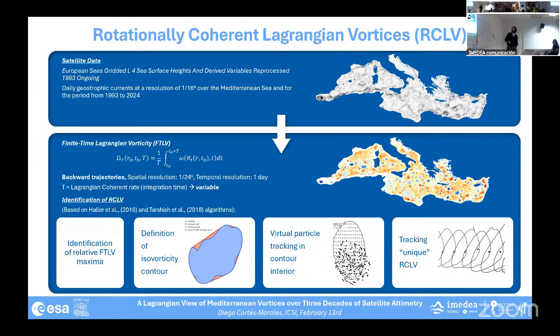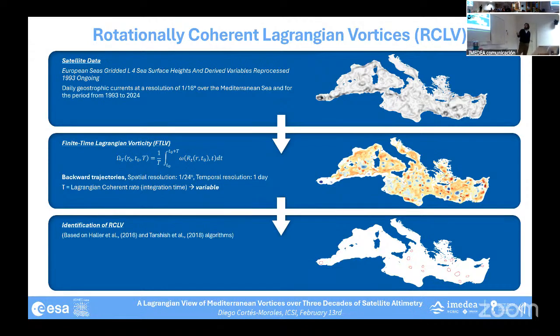Then the last step is to track the collocated Lagrangian vortices across time in the following days. At the end of the algorithm, we have maps like this, where we identified contours for which we can assure that the material within the interior is trapped during the vortex lifetime.